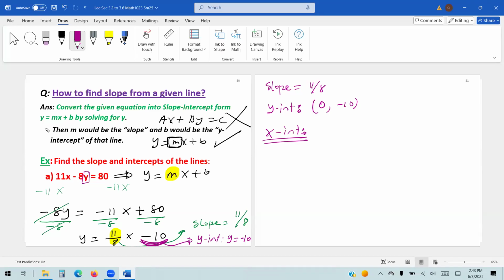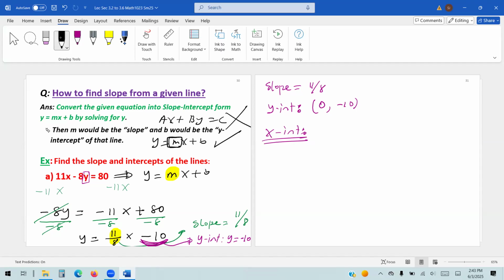Set y to be 0. Yeah. So you can use the original format or this format, it doesn't matter. I prefer this one because this one is neat, no fraction, nothing. So to find the x-intercept, we are going to finish our y term.